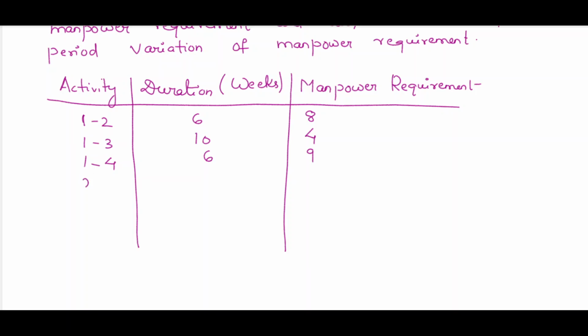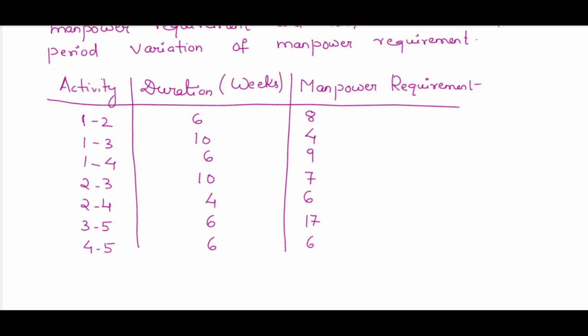Then 2 3: 10, 7 weeks, 2 people. 2 4: 4, 6 weeks, 3 people. 3 5: 6, 17 weeks, 4 people. 4 5: 5, 6 weeks, 6 people. So this is the question given to you.